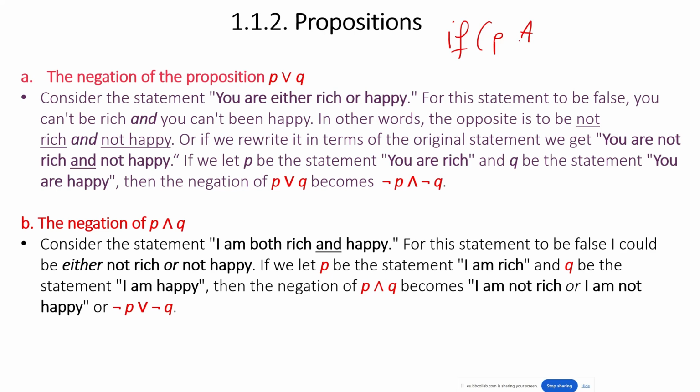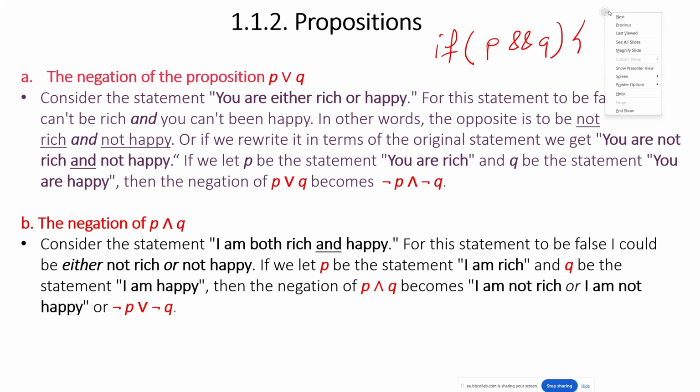All of you finished Java 1, I'm guessing? I think so, right? Because you should have finished it. So let's say if P and Q, then you do something. I'll put the do-somethings next to it because I have a lot of space. Then else, you do something else.